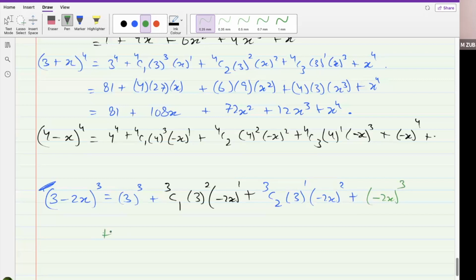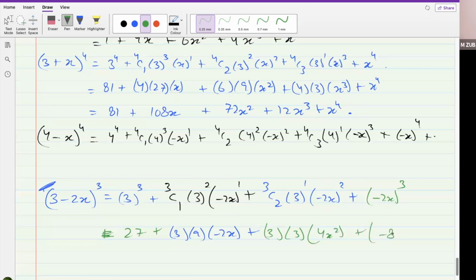Now 3 cubed is 27 plus 3C1 is 3, so 3 into 9 into minus 2x, plus 3C2 is again 3 times 3, and this is squared, so 4x squared, plus this is minus 8x cubed.